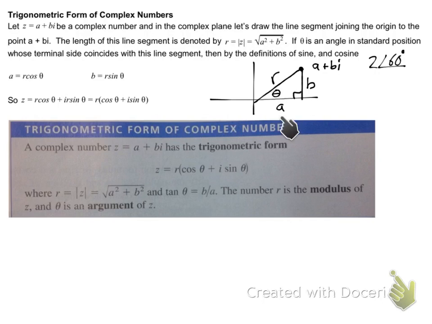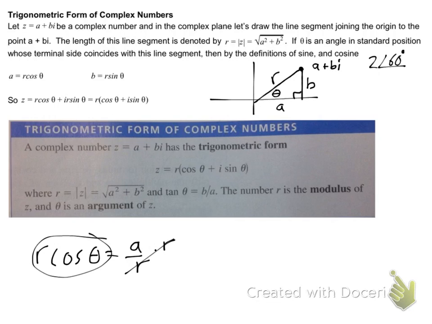Also, if I construct this triangle the way you see it, what is the cosine of theta? Cosine theta would be a over r. If I wanted to get a by itself, I would multiply by r. So do you agree that a equals r cosine theta?